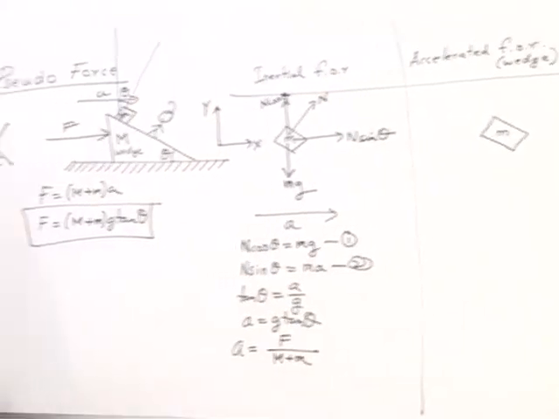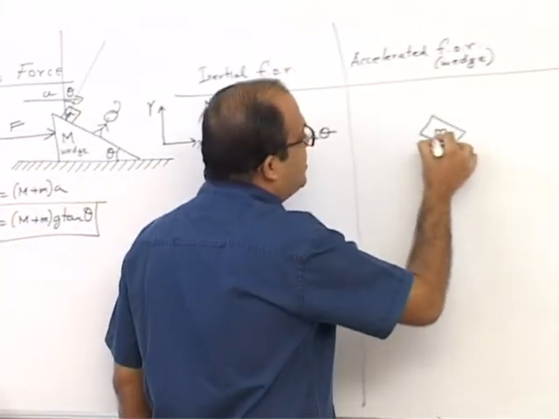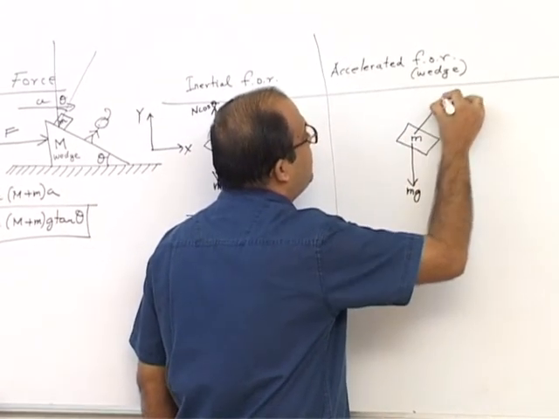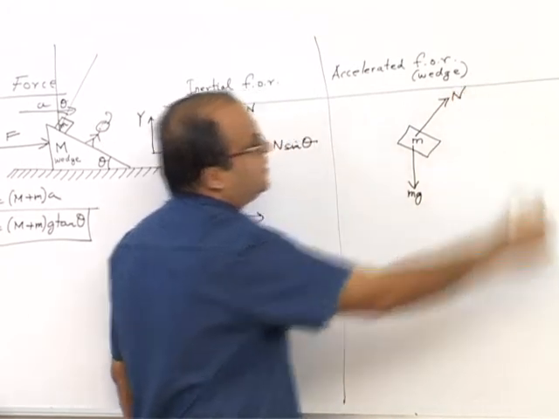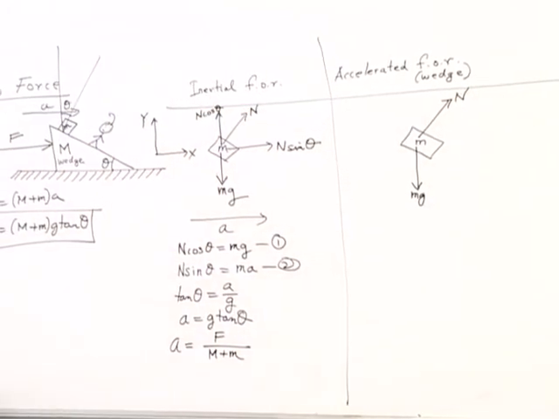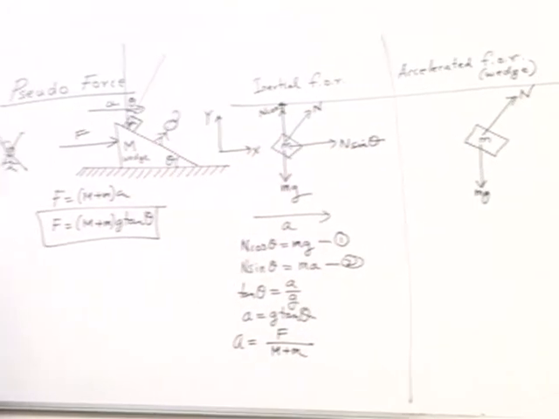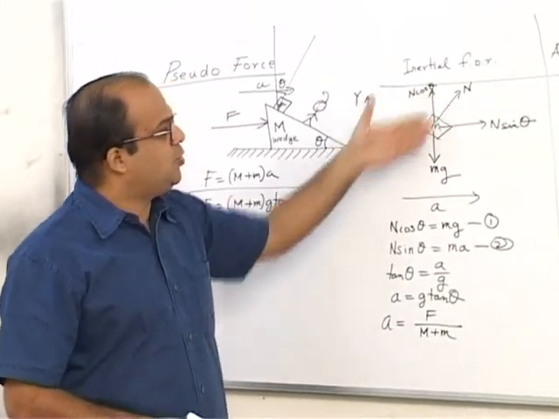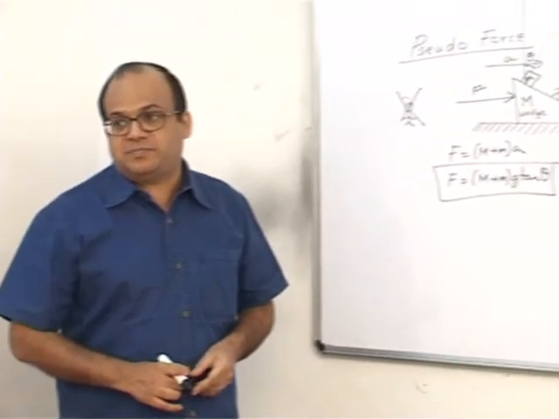Since it has mass, mg will act vertically downwards. Normal reaction will act perpendicular to the surface. Any other real force acting on the system? No, these are the two real forces acting on the system.